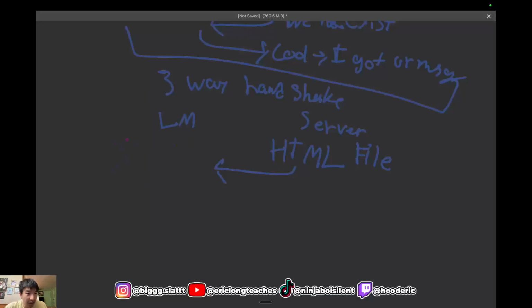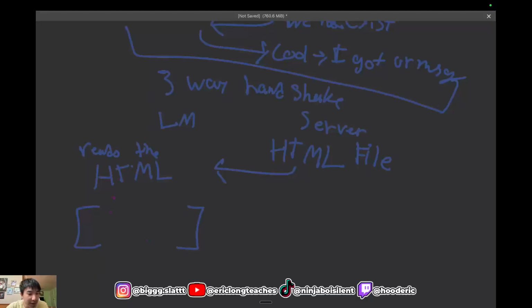Then your local machine reads the HTML and displays it using your web browser, whether that's Google Chrome, Safari, whatever you use.